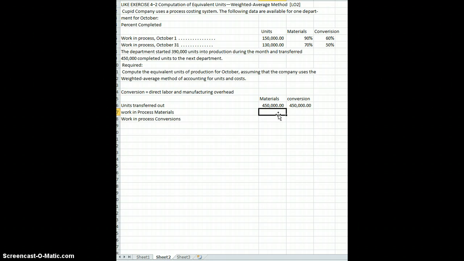So I'm going to say 130,000 units times 0.70, or times 70%. And then for conversion, I'm going to do the same thing. I'm going to say 130,000 units, and multiply it times 0.5, because for this one we're at 50%.